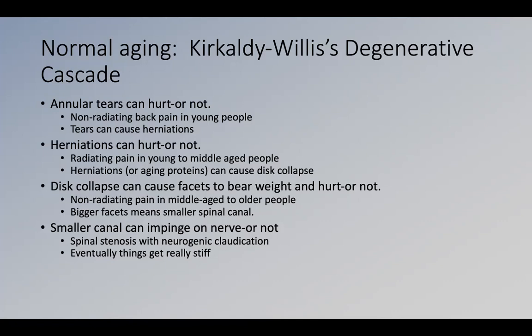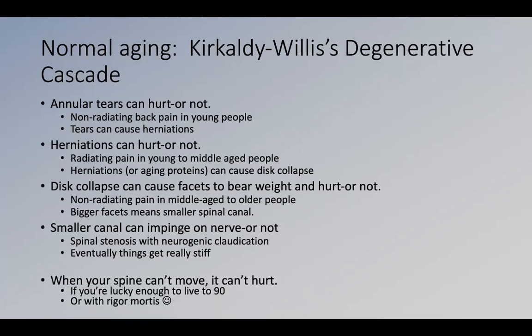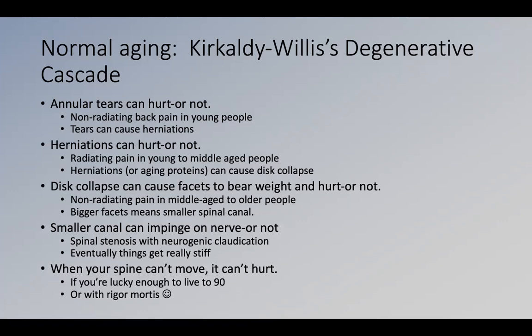And eventually things get really stiff, and then guess what happened? Either rigor mortis, or when you die at the age of 100, like my grandfather did, your neck doesn't move at all and it doesn't hurt at all, okay? So patients who think I'm going to have this pain, it's going to get worse and worse and worse until I die. The fact is that as long as they don't get their brain practicing the pain and paying attention to the pain, eventually they get stiffer and all these things resolve.